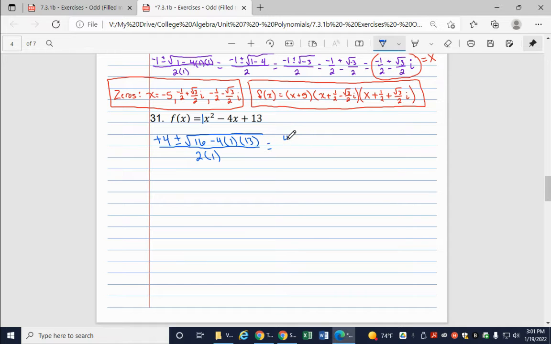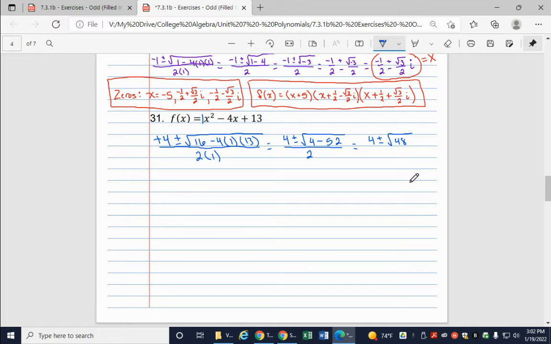So that is 4 plus or minus the square root of 4 minus 4 times 1 is 4. 4 times 13 is 52. 2 times 1 is 2. So this is 4 plus or minus the square root of 4 minus 52 is 48.